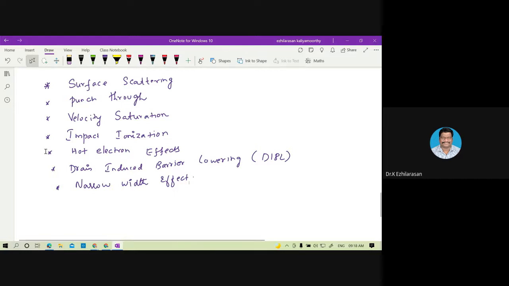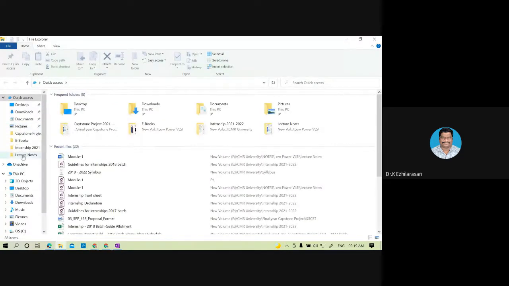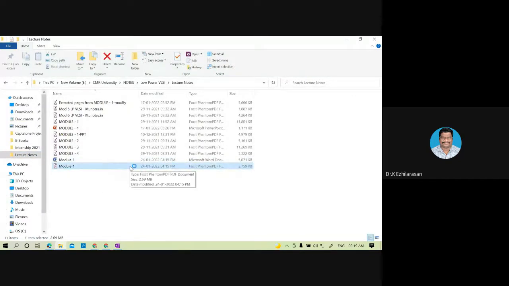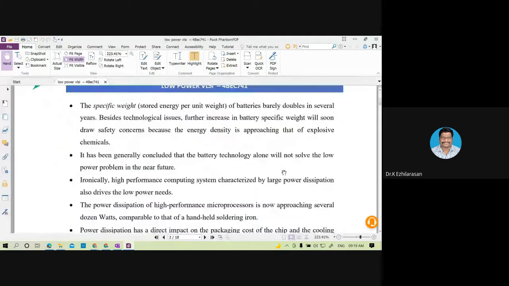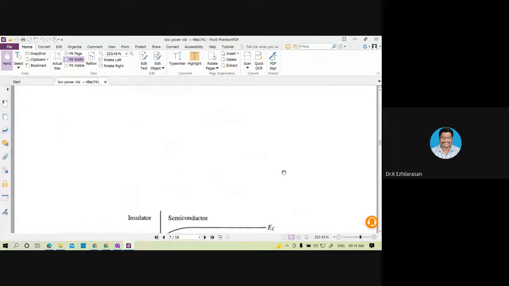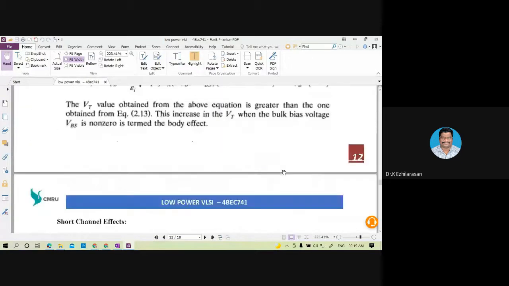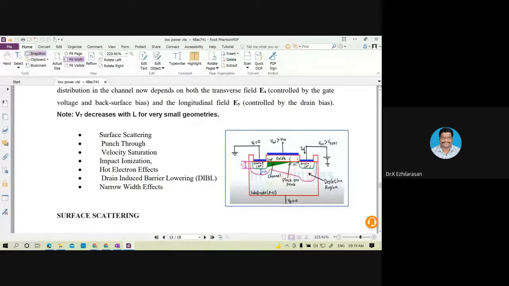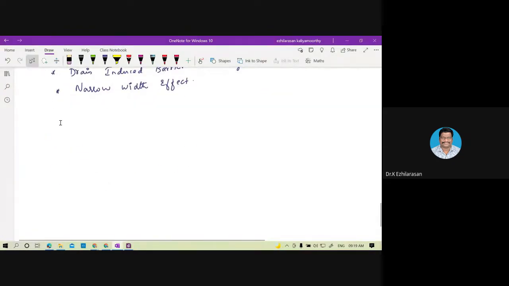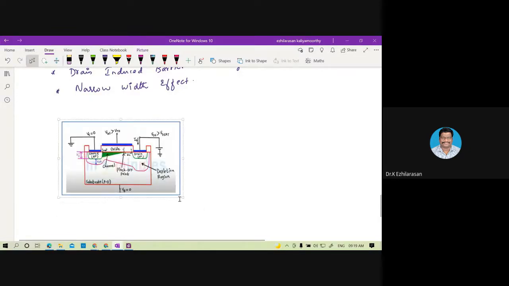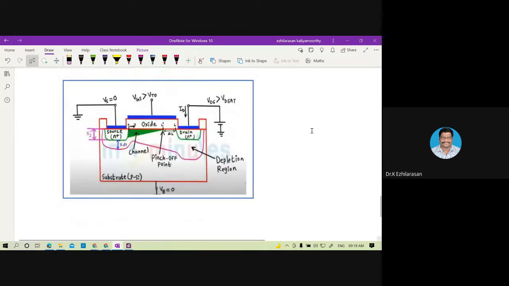So before that, let me take a diagram. And see, we are showing the cross-section view of MOSFET.